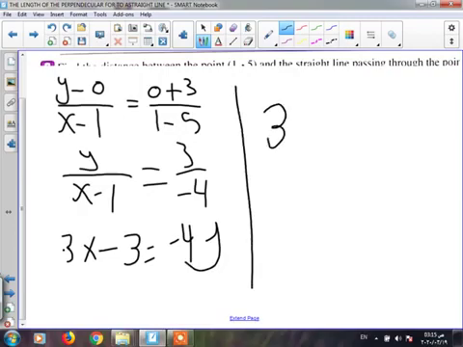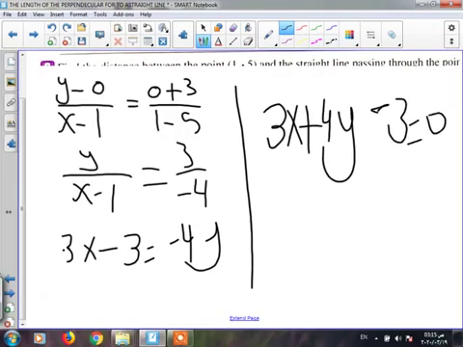Then 3x plus 4y minus 3 equals 0. This is our equation.